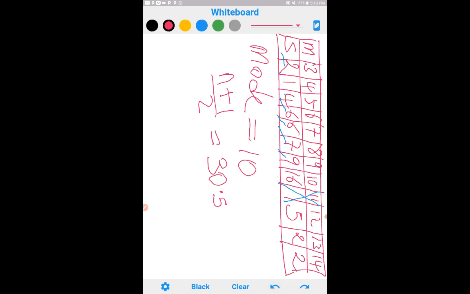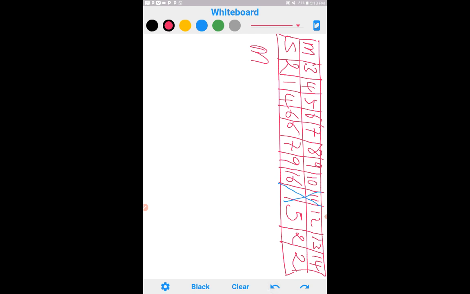Calculate the mean number of mangoes harvested to 1 decimal place. Okay, so the number of mangoes, it simply means that we're going to add all the number of mangoes and then divide by the number of values.